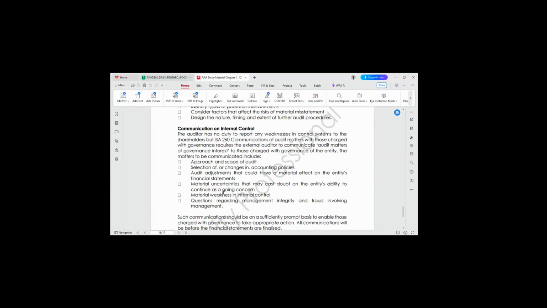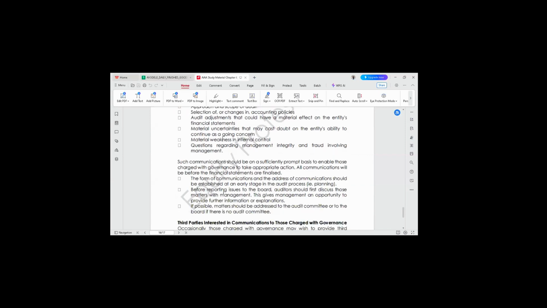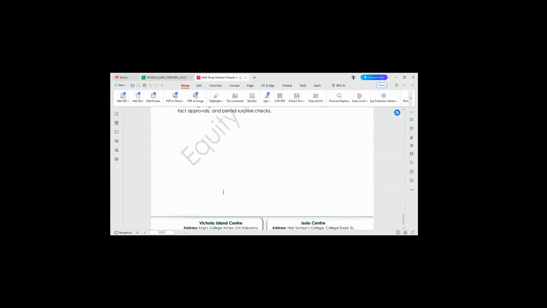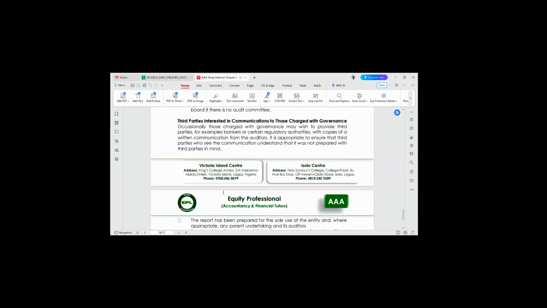The auditor has the mandate to share this information with those charged with governance. Those are the people that he needs to share this information with. Under those circumstances, should this information be shared with third parties? And if peradventure it needs to be shared, they must seek the consent of the external auditor before you can share it.